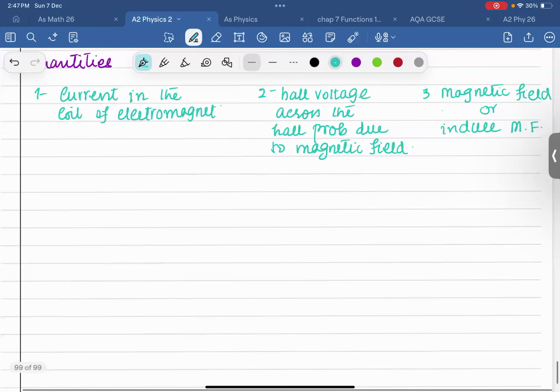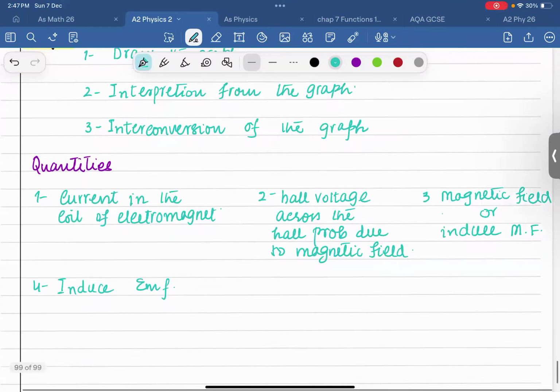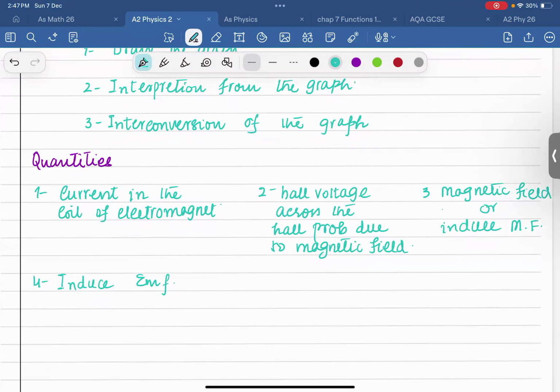And the fourth quantity is the induced EMF, okay? These are the four quantities we have. And we will be looking at every quantity against time, okay?